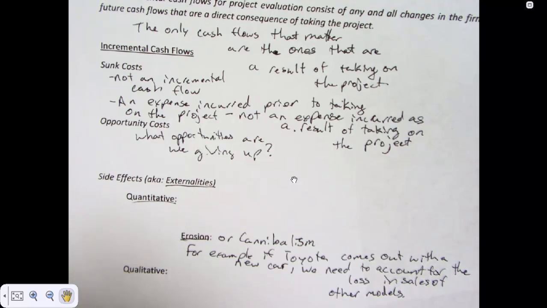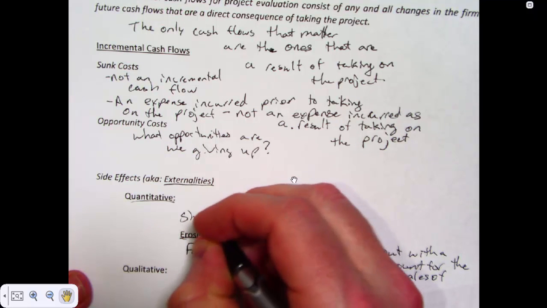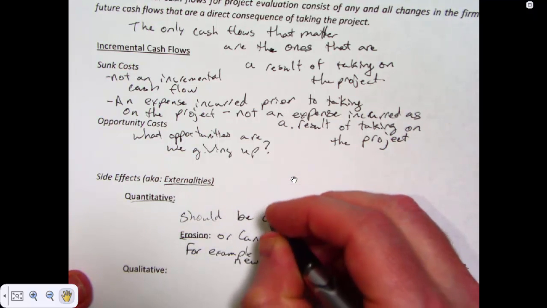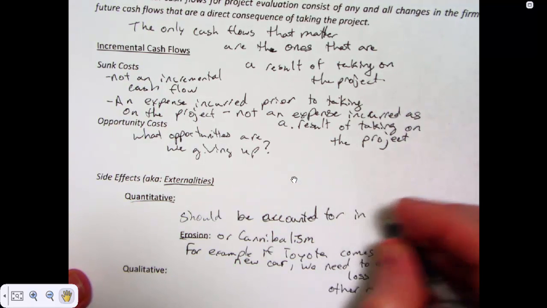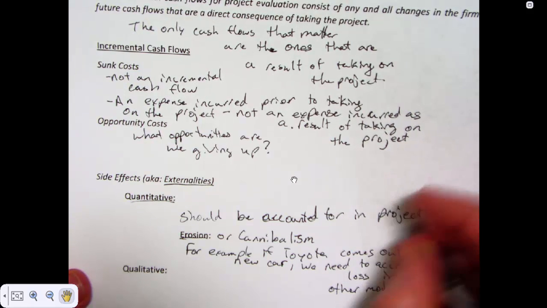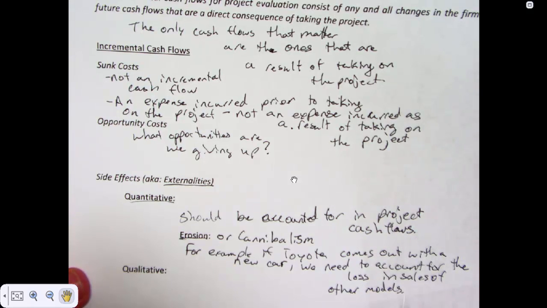And that is a specific number that we want to take out of our cash flows when we project our cash flows out for a project. So quantitative side effects are dollar amounts, and when we can calculate those, we should take those out of our project cash flows. So these should be accounted for in project cash flows.